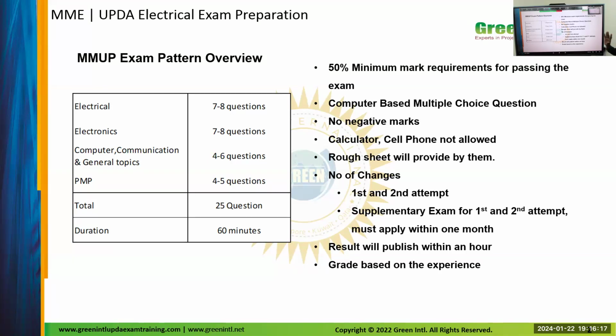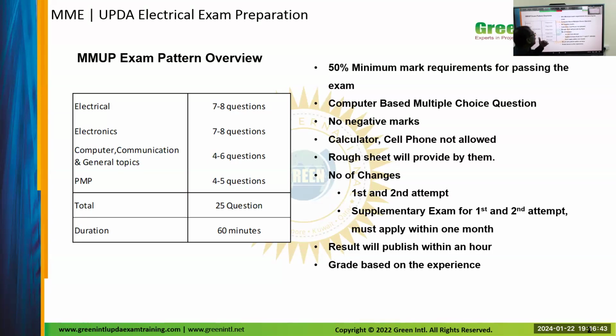So always the experience is considered with a round down function. So 9 years, 9 months, they consider as 9 years, not 10. Okay. So this is the exam pattern for getting the licenses.